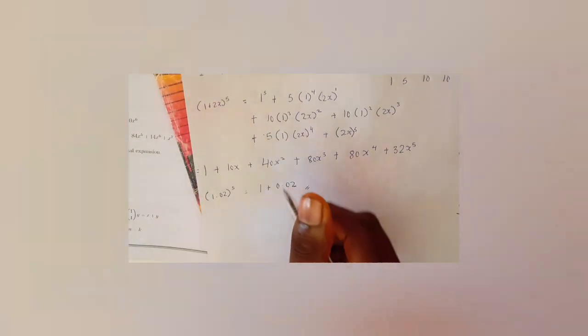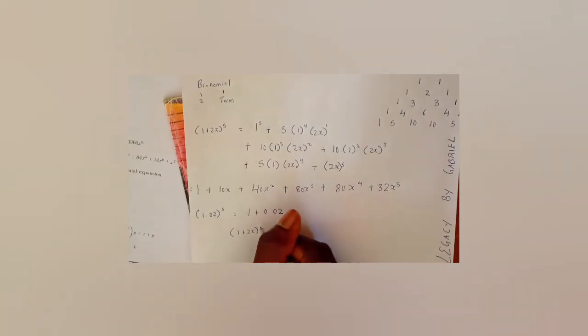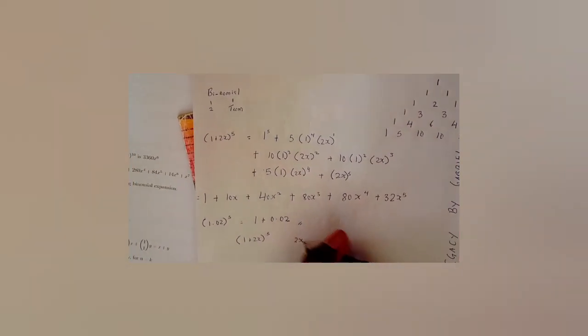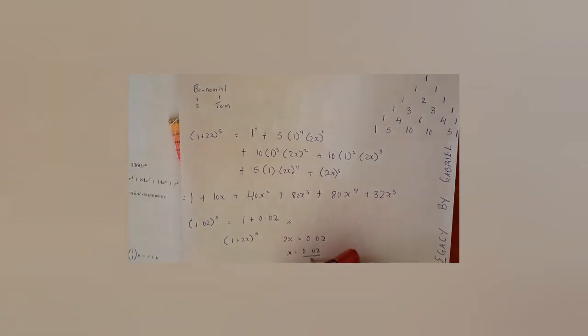So we have this and this now. We have (1 + 2x) raised to the power of 5. We can do 2x is equivalent to 0.02. But this is 1, this is 1. 2x equivalent to 0.02, so x is 0.02 divided by 2.